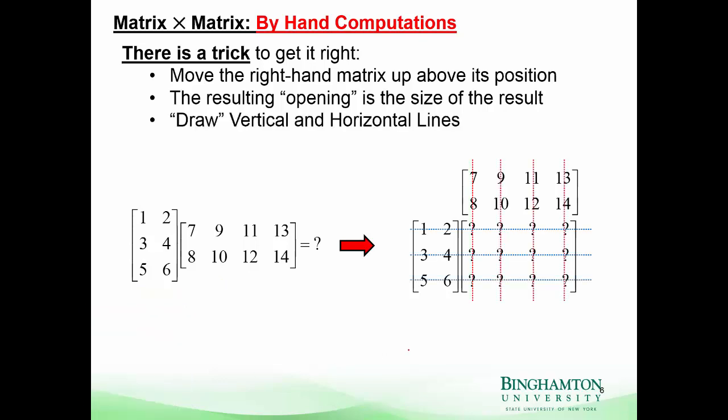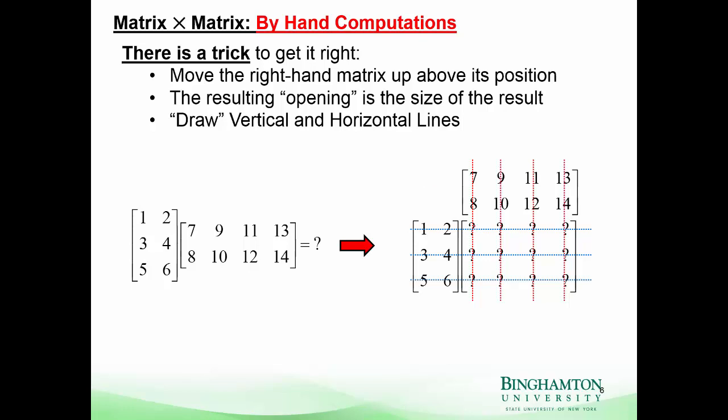Okay, so the next thing, once we've moved it up and we've created the opening of the right size, we just draw some vertical and horizontal lines that intersect at the unknown location. So I've got question marks at each location where we should have a number. And if you look at the intersection of the vertical and horizontal lines, each intersection will show you the numbers that will come into play.